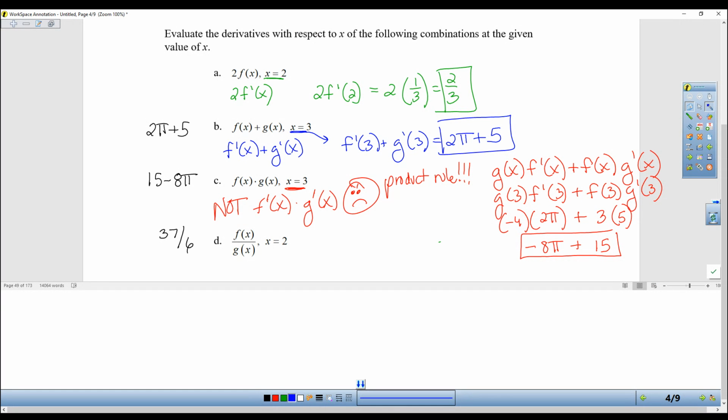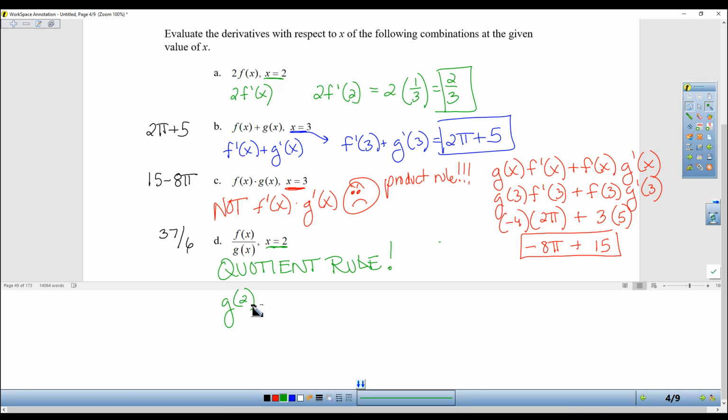So hopefully after my big evil face on the last one, you know exactly what you're supposed to do for this one. Quotient rule. The bottom. Let's skip right to the 2 this time.